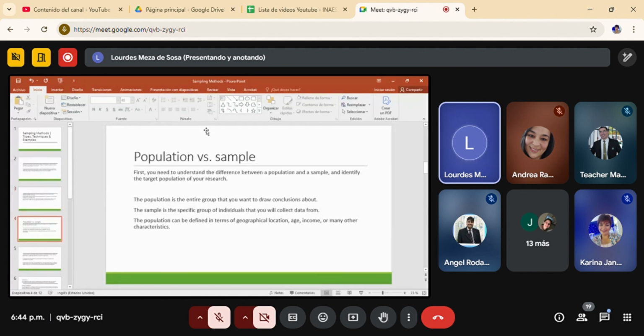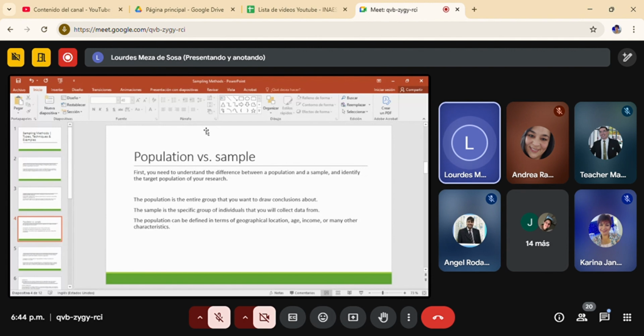First, what is the difference between population and sample? You need to understand the difference between a population and a sample, and identify the target population of your research. The population is the entire group you want to draw conclusions about. The sample is just one piece, a specific group of individuals that you will collect data from, right?